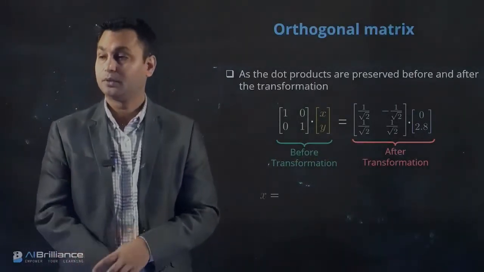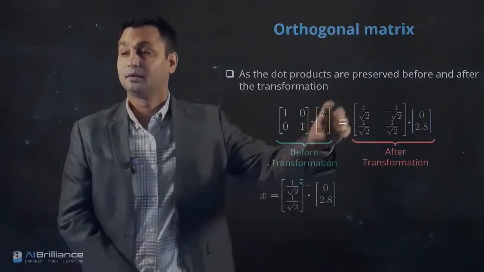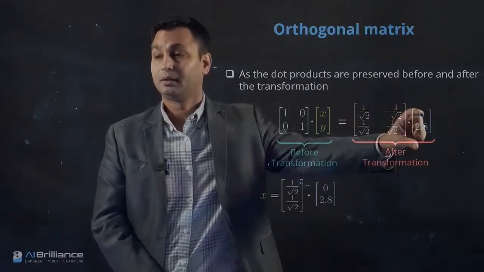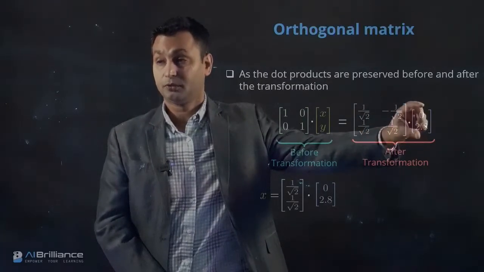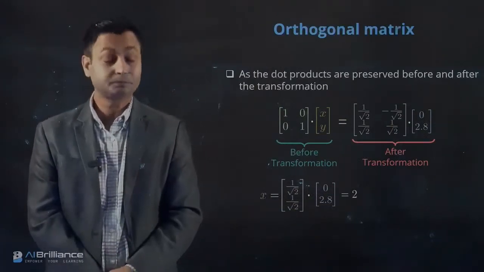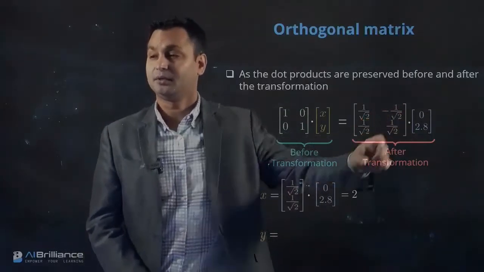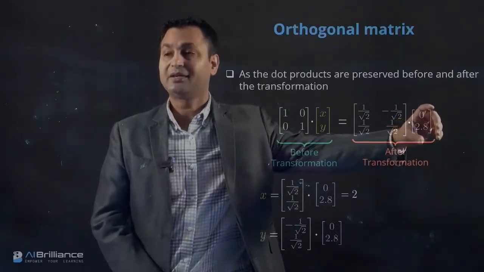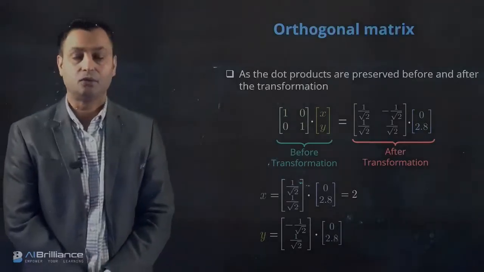From there, we can write the solution for x by taking the first column vector and taking its dot product with the known vector. That essentially gives me the solution for x. Similarly, if we take the second column, its dot product with the known vector gives me the value of y.